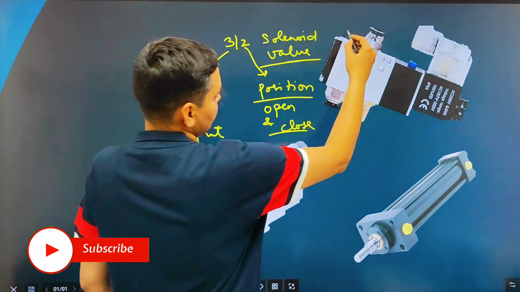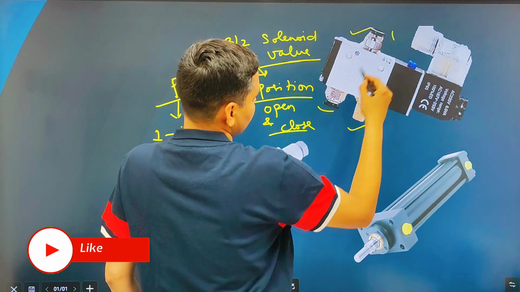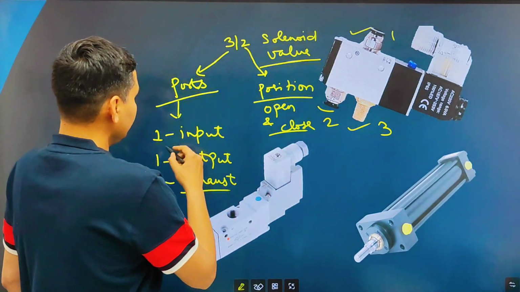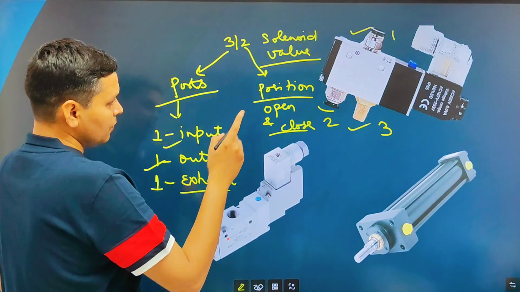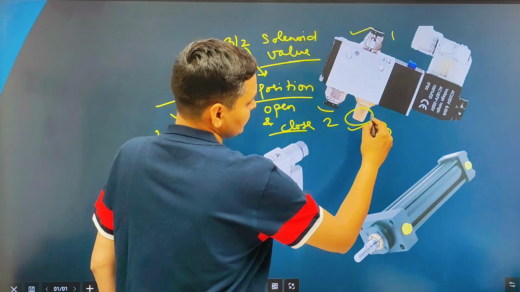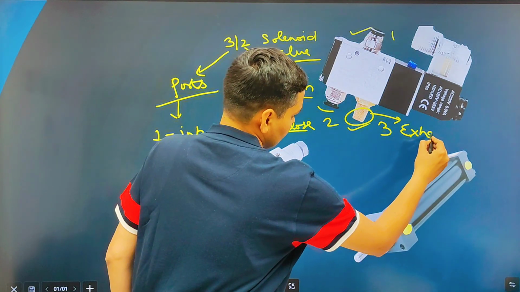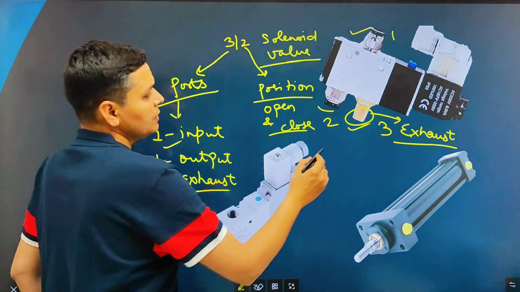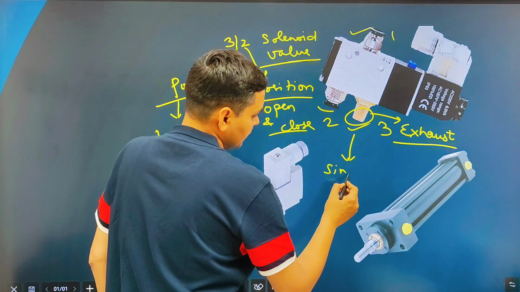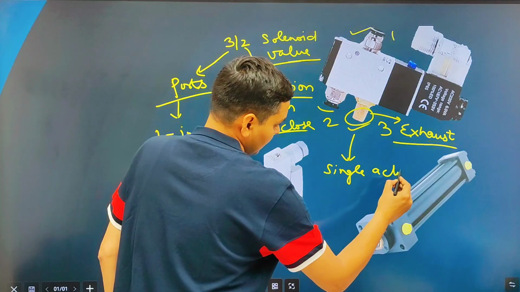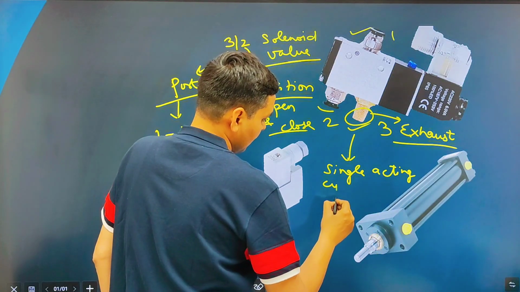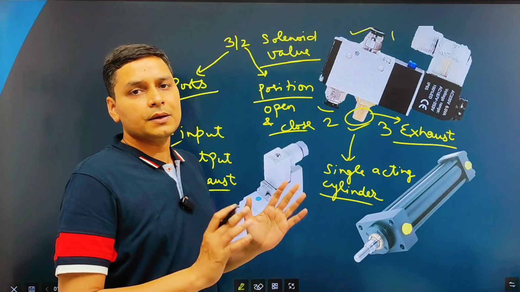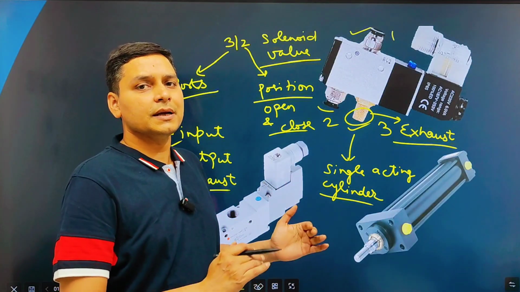Here you can see three ports are shown, 1, 2, 3. One port is for input, one port is for output and the other port is for exhaust. This one is exhaust. And it is used to control a single acting cylinder, or it can also be used to control a single acting valve.